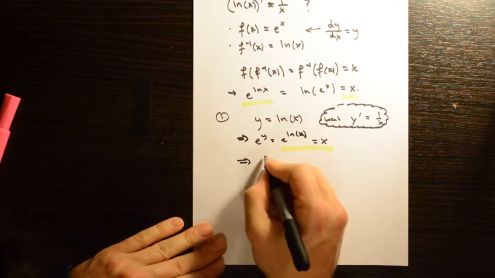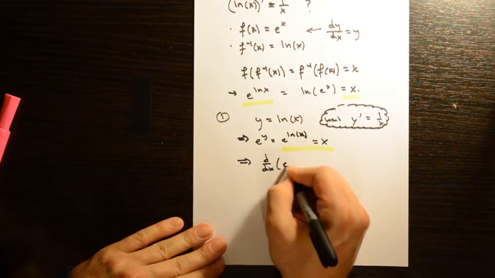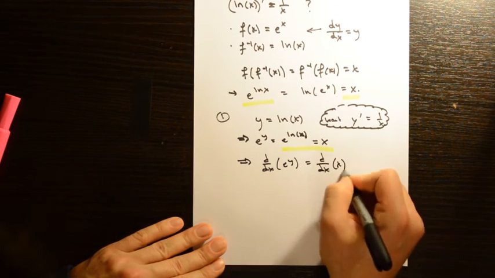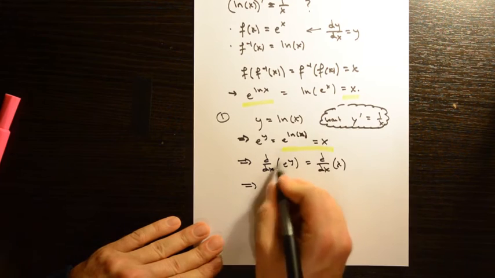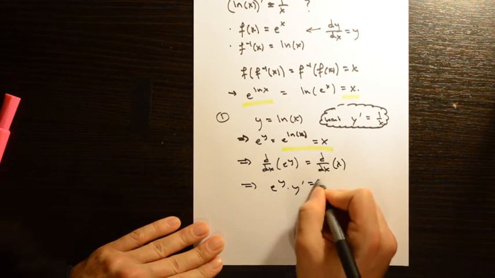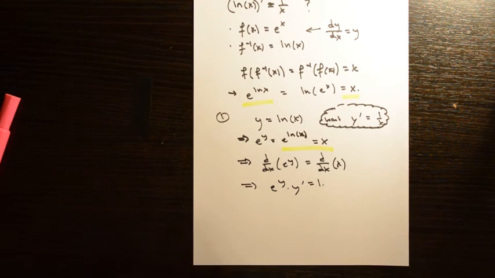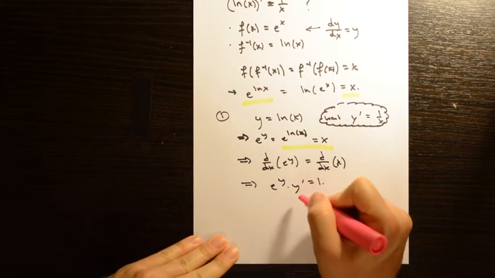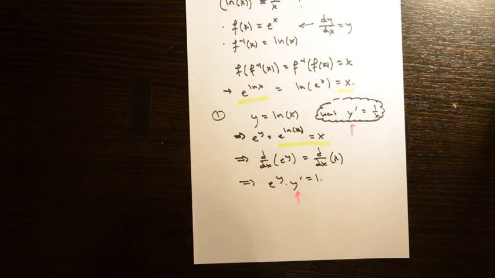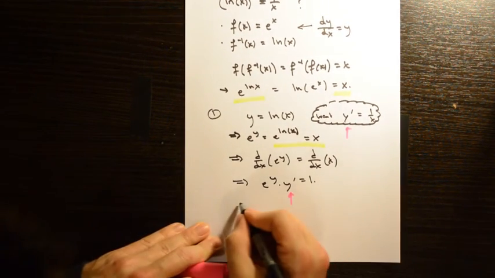Then we can differentiate on both sides with respect to x. Implicitly, this one is e to the y times y prime, and this one is 1. Now we want to solve for y prime, so we do that by algebra.